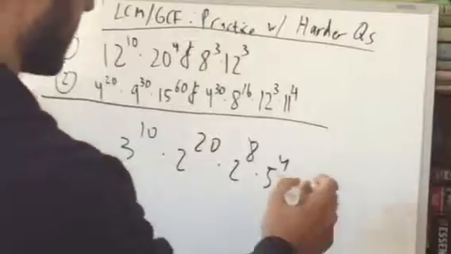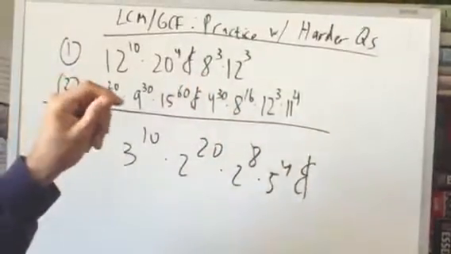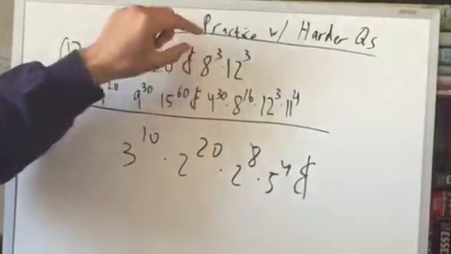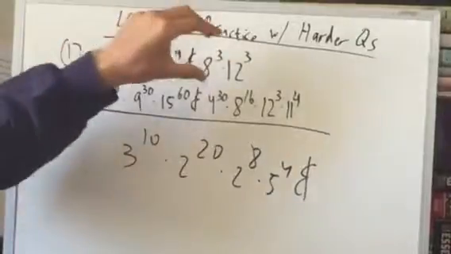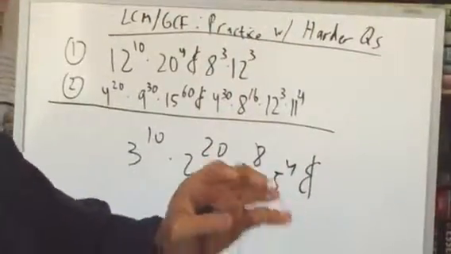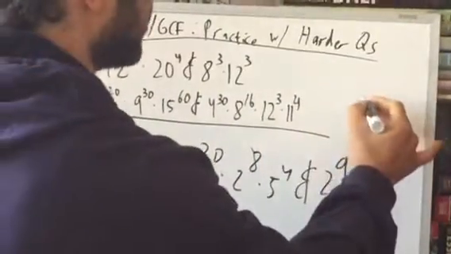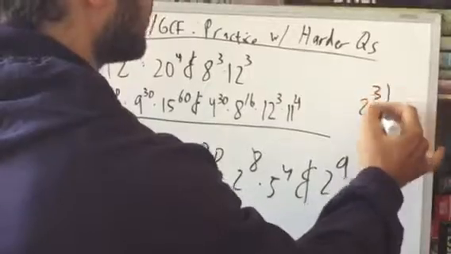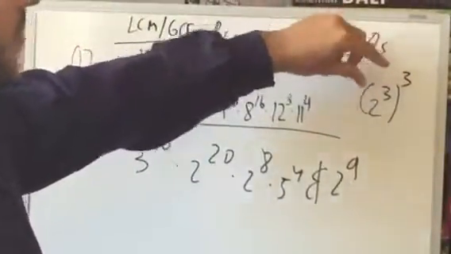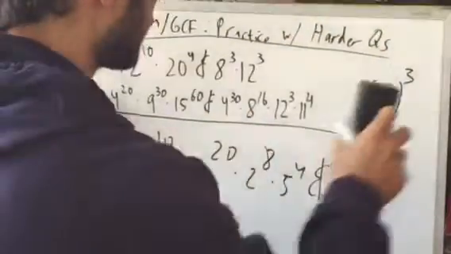Alright, let's go to the second part. An 8 is three 2s because it's 2 cubed. So 2 cubed, multiplied by itself 3 times, is 2 times 2 times 2, 3 times. So there are 9 2s. You could use knowledge of exponents to say a power to a power, you multiply the powers, but we want to figure it out from scratch, so I don't want to use any exponent rules.